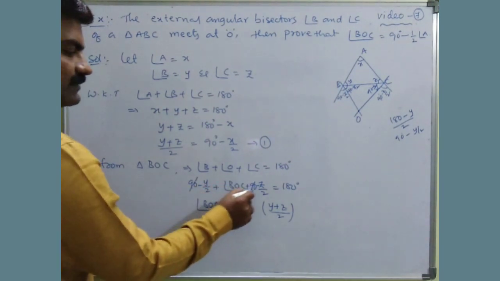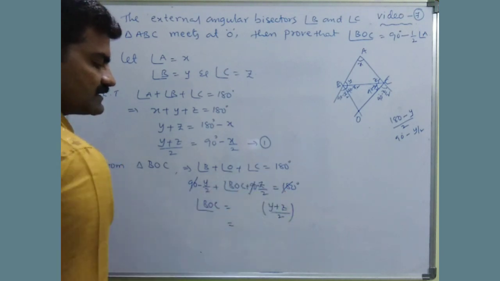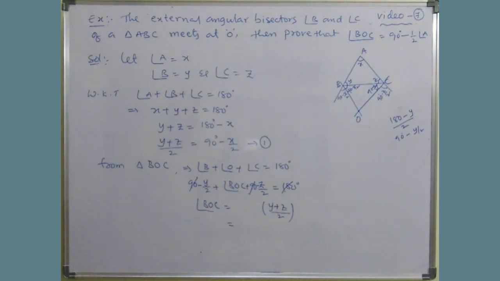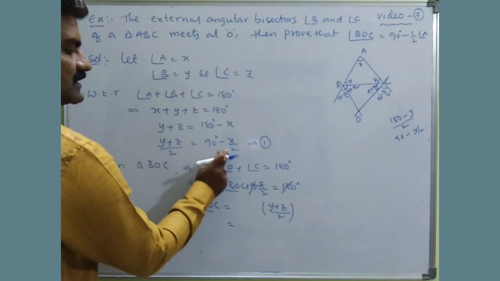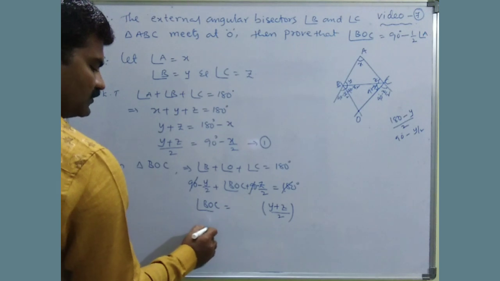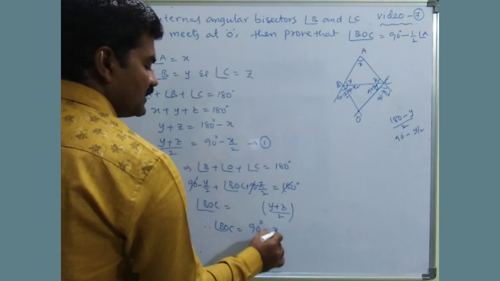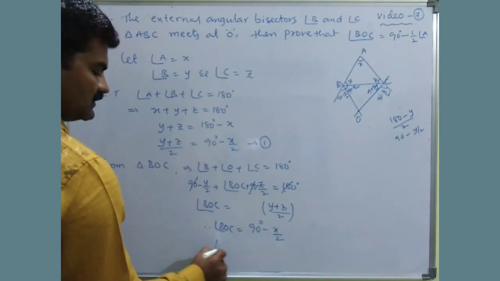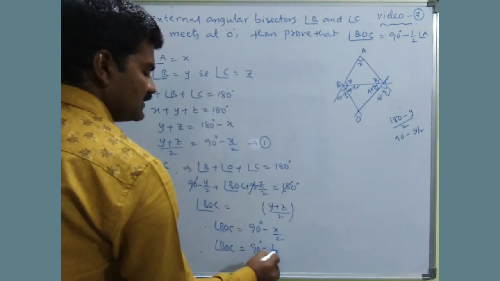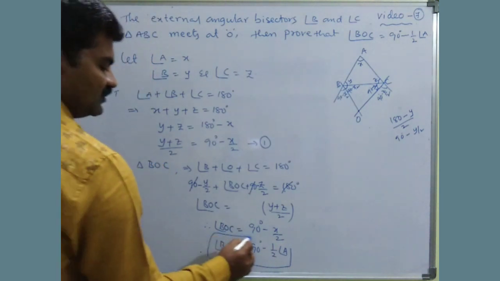Now 90 plus 90, 180 and 180 cancel. Angle BOC is equal to, if these two we send that side, they become plus, y plus z by 2. So just now we proved that y plus z by 2 is equal to 90 minus x by 2, isn't it? So therefore angle BOC is equal to 90 minus x by 2, which can further be written as 90 minus half of angle A. Okay.